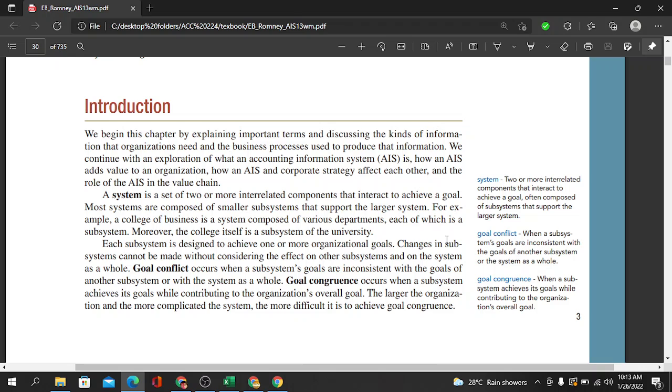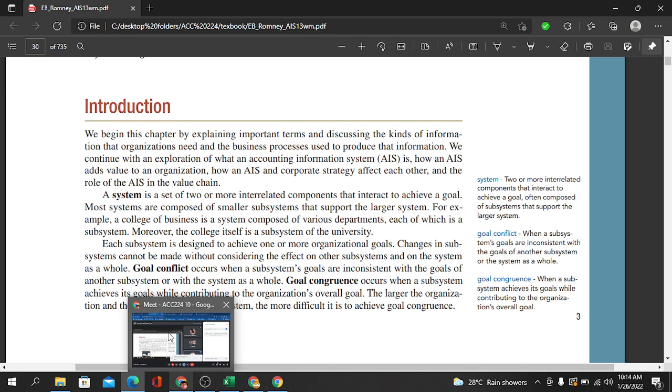Okay. What do you think? Why is accounting information system very important in the organization? How does it give benefits to the organization? What do you think? How does AIS give benefit or the importance of AIS to the organization?